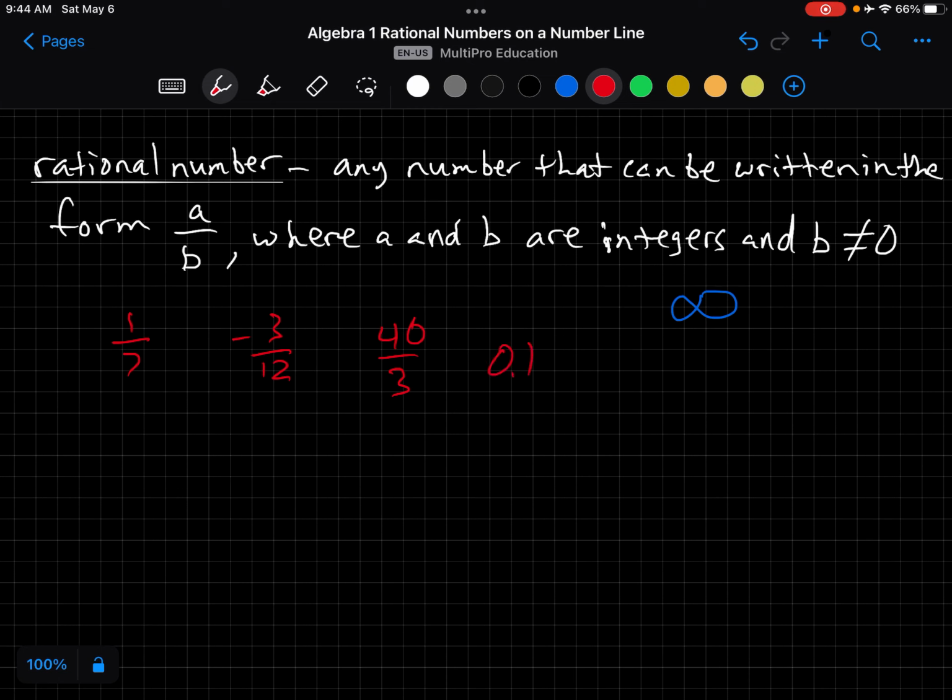Let's try this number, 0.1. What do you think about this number?